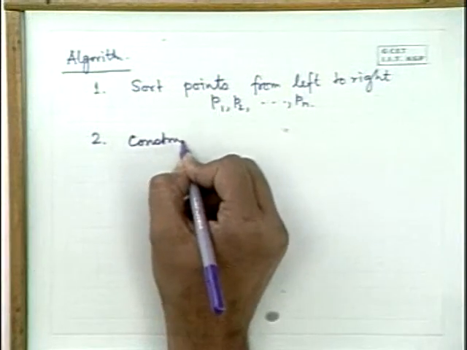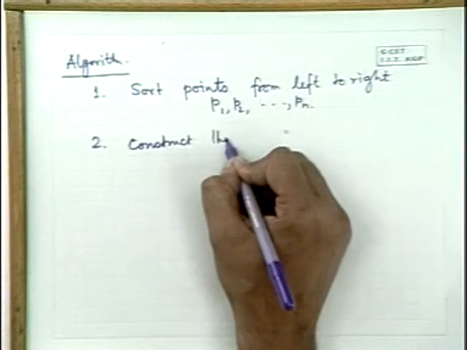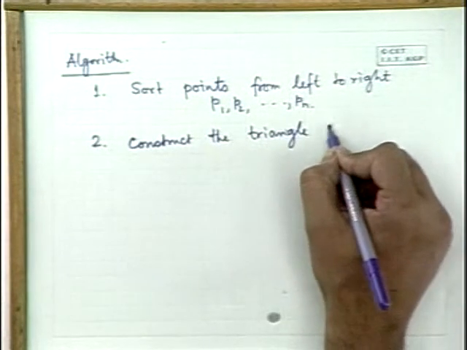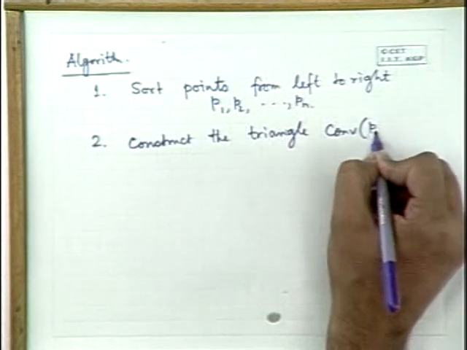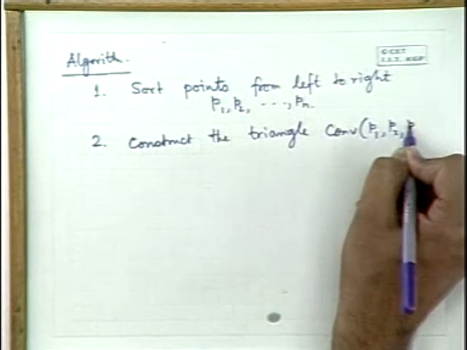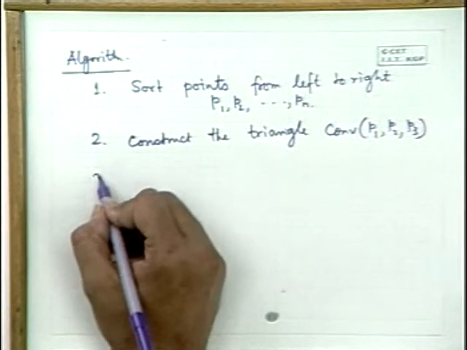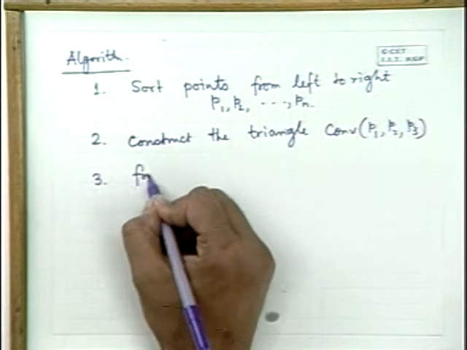So compute or construct the triangle conv P1, P2, P3. Then the third step, this is the for loop.